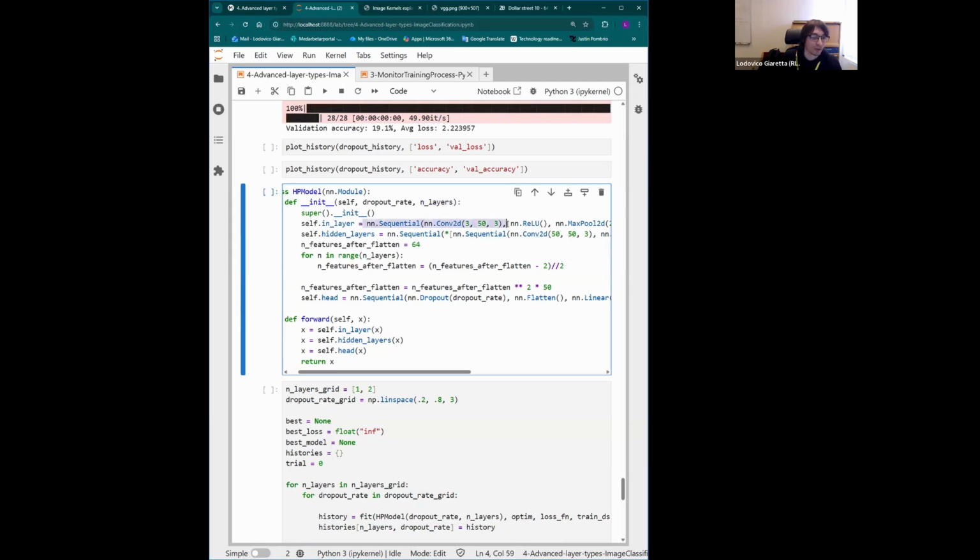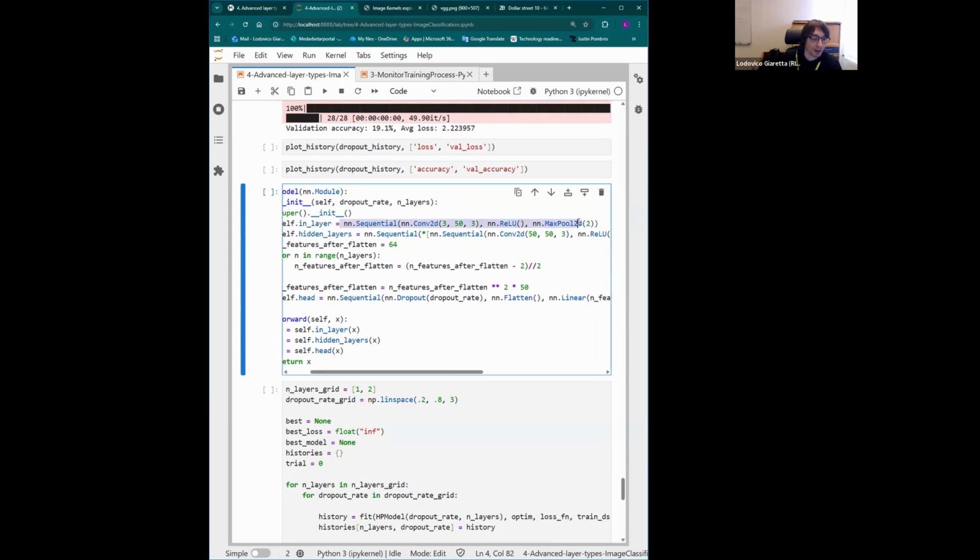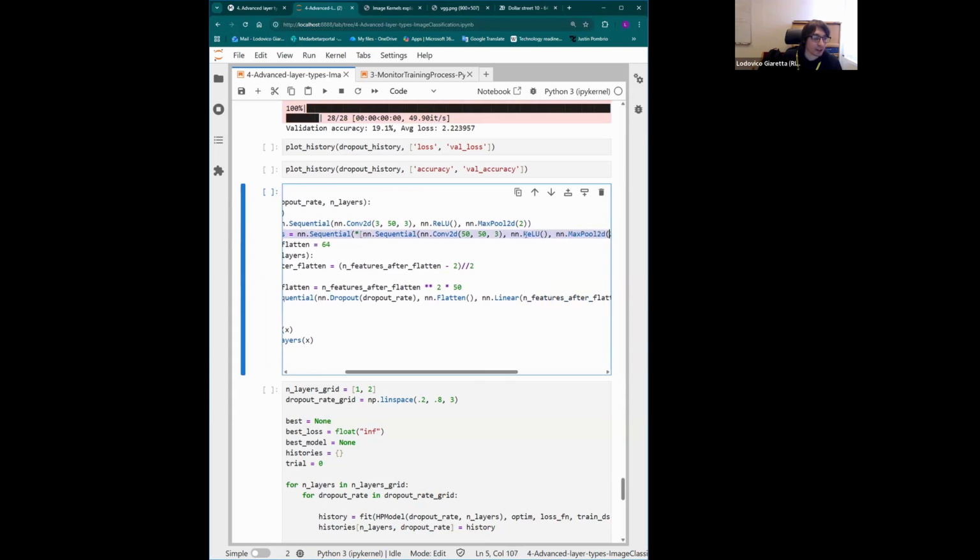So we just do a first convolution, ReLU, and a first max pooling. And then after that, it creates a dynamically sized number of hidden layers, all of the same size, 50 convolutions, all followed by ReLU and max pooling. And the number of these will be based on the number of layers that we pass as input. So we can dynamically choose how many layers we will have.